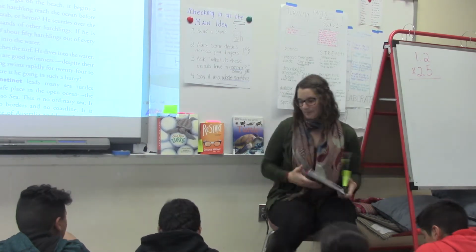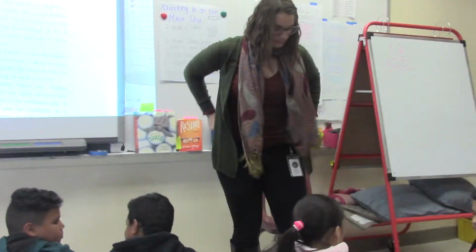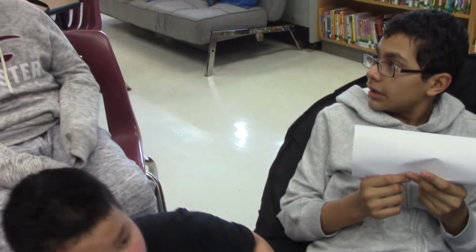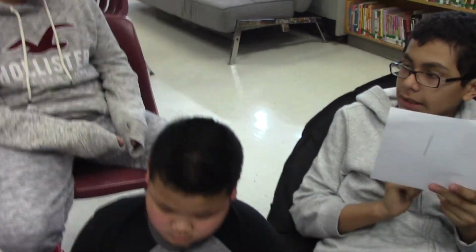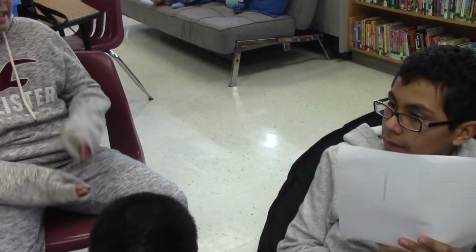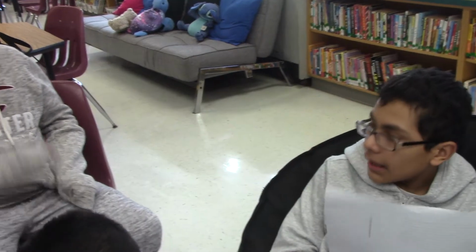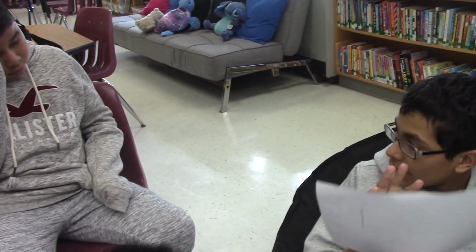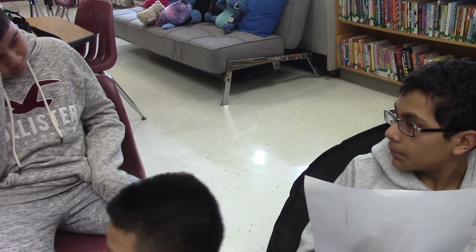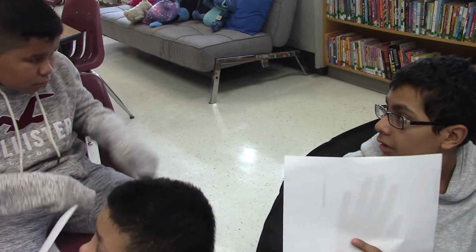Turn and talk, go. And then it's like you already know what's going on. Yeah, an orca, it's a whale, and only something that powerful can eat an adult leatherback. And the size of it means that the leatherback must be very armored.